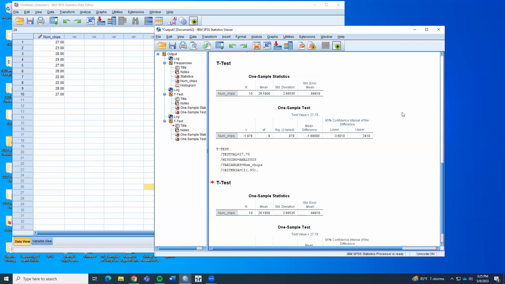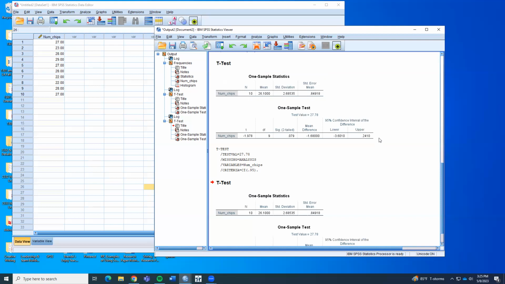But we also want to look at the Cohen's d. And again, because I cannot do that with my SPSS, the way that we are going to calculate that is: the Cohen's d is determined by the sample mean minus the population mean divided by the standard deviation.